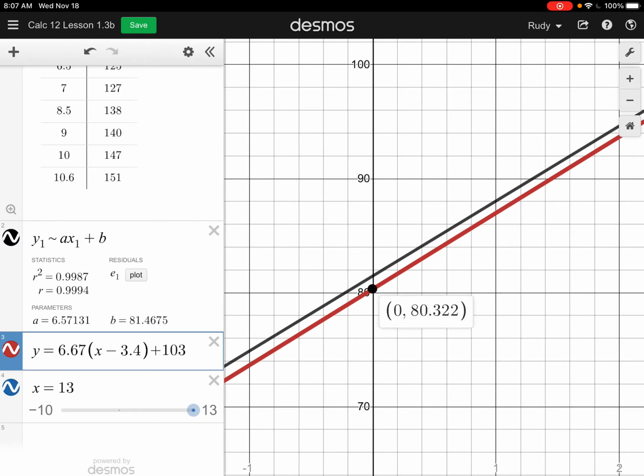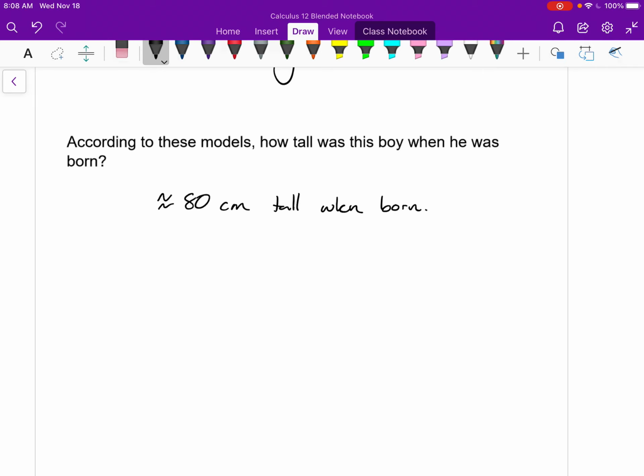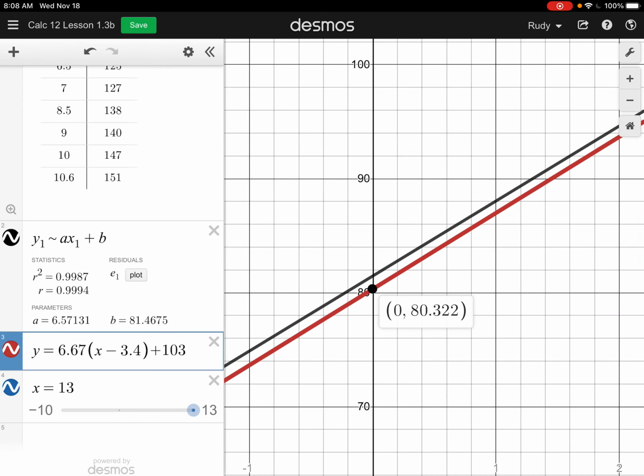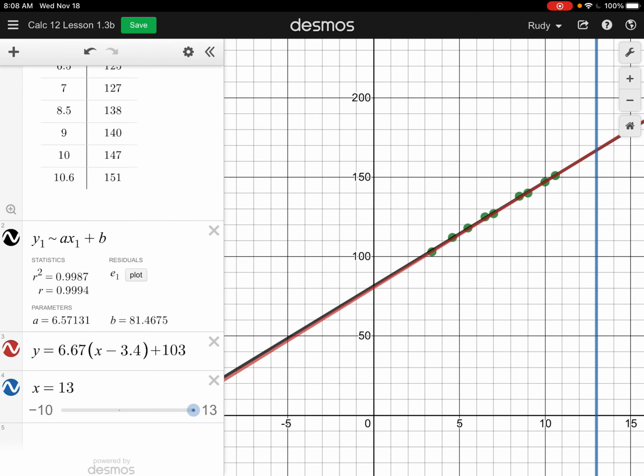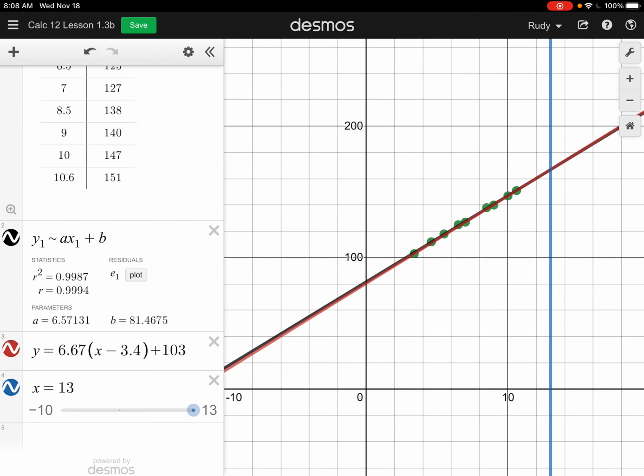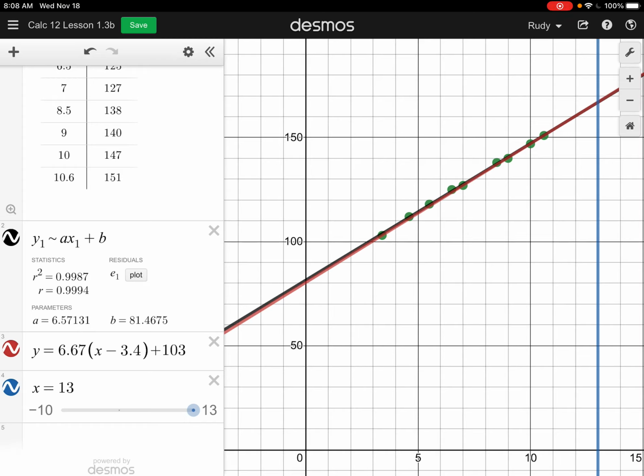So what that tells me is not that this boy was freakishly tall, but that both these models are definitely quite accurate models, at least within the data set we have. But clearly, as I get closer to birth, this model is no longer very accurate. Babies are not almost a meter in length when they're born, thankfully so, for any females watching this video.